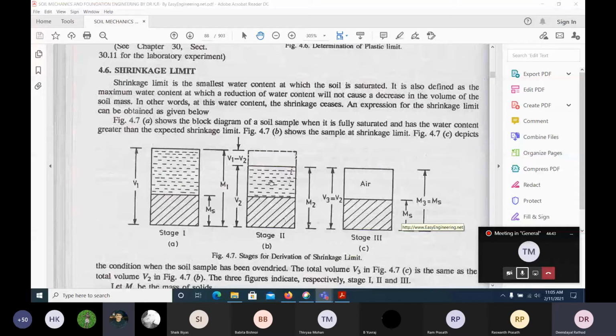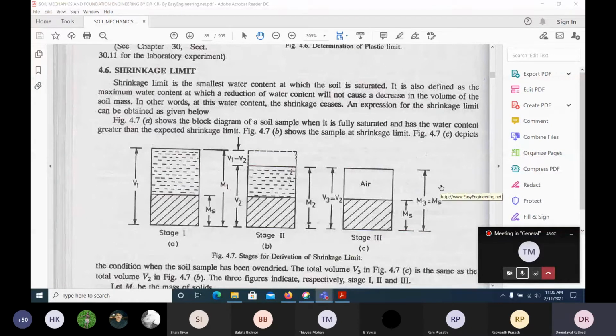Third one is already filled with air. The second stage. This water content we call it, because at the shrinkage limit the soil is in a fully saturated state. After changing from here to here, there is no change in the volume. That means from the second stage, whatever water content you get is called the shrinkage limit, right? That border kind of thing.